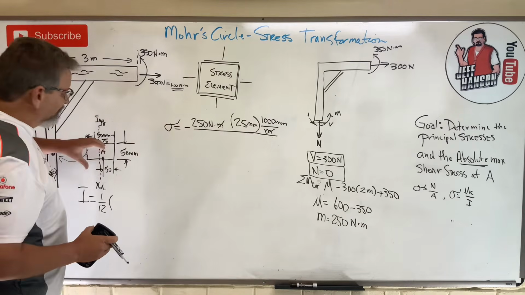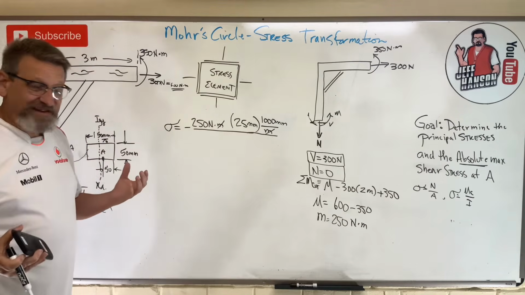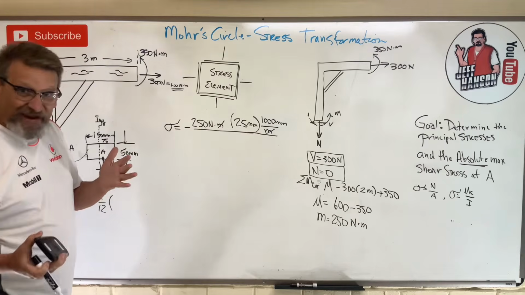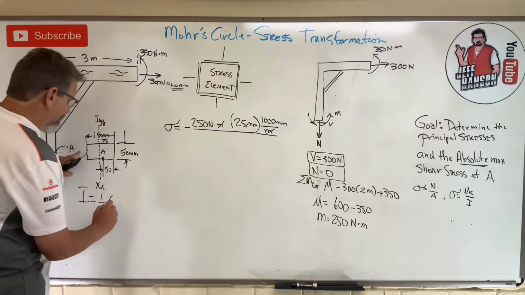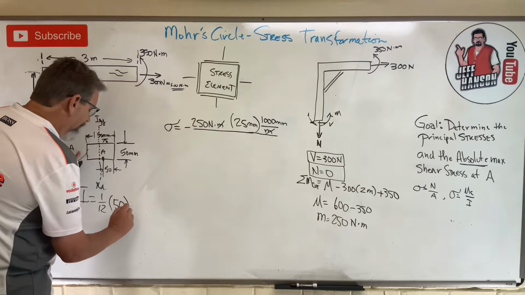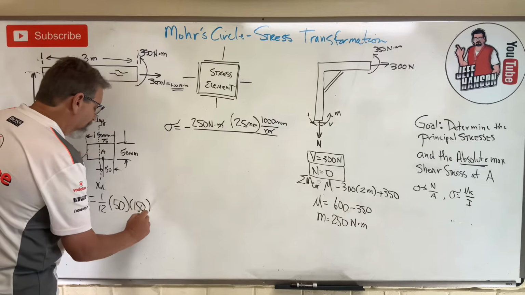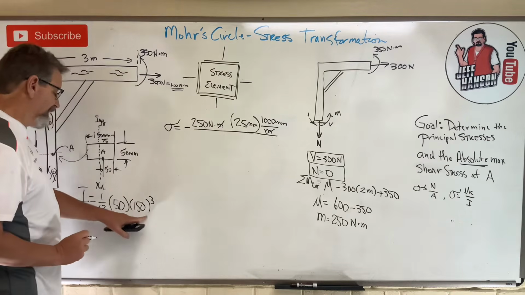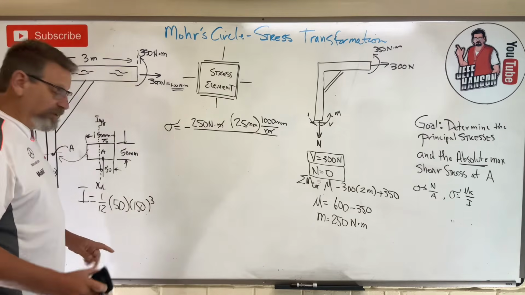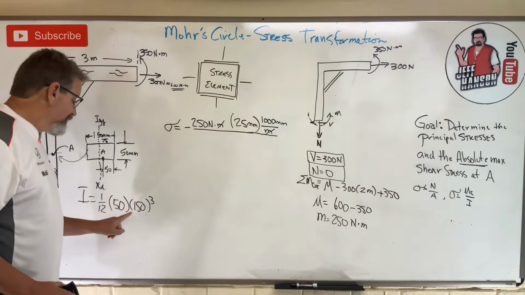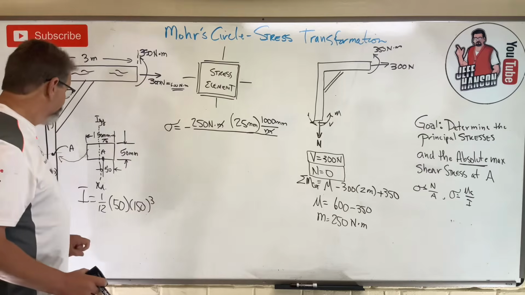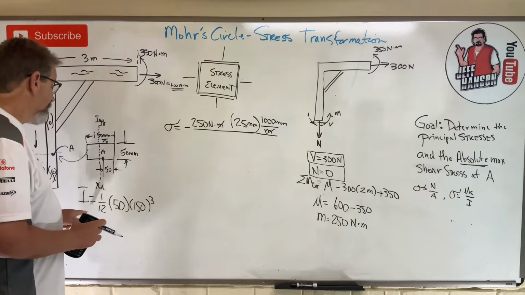So everything is on the side. So what used to be the base is now the height. What used to be the height is now the base, right? So the base is actually 50. The height is 150 cubed, 1/12 BH cubed. Or if you want to do it the way the book does it, 1/12 HB cubed, right? For IYY.